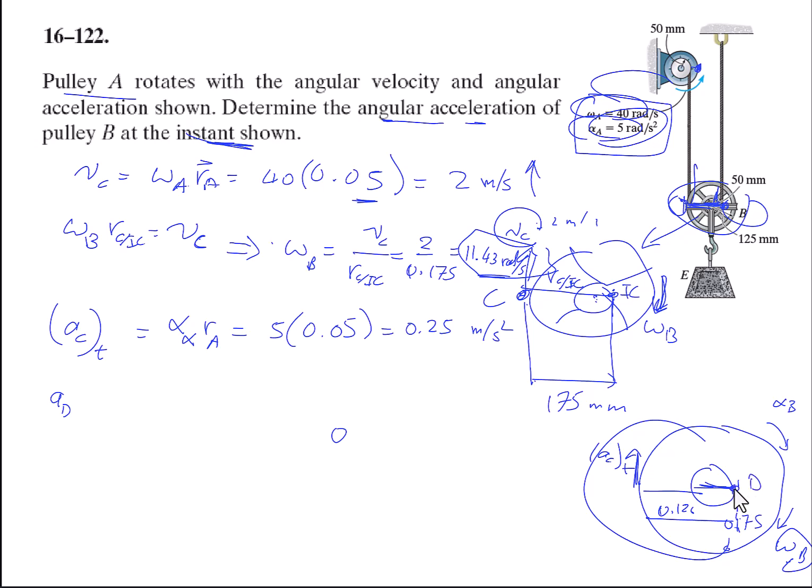So this point D is equal to the vector, the acceleration of point C, plus the angular acceleration of B crossed with the relative position of D with respect to C, minus the angular velocity of B squared times R D relative to C. So we can split these into tangential and normal.